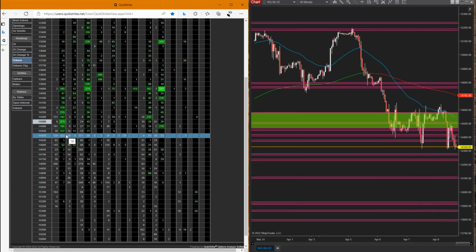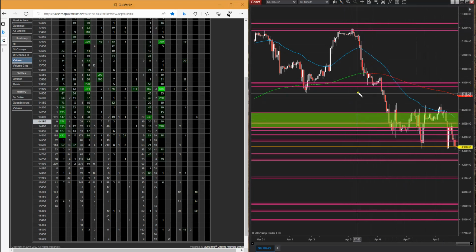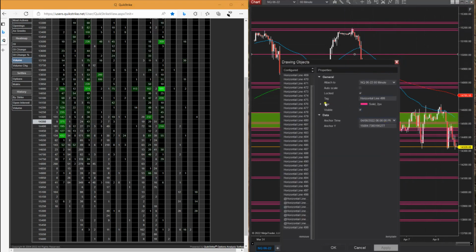So you can see the high puts are at 500, right in the middle of our gamma. So that's high puts. So why don't we draw a big thick green line in here? Make it thick. $14,500.